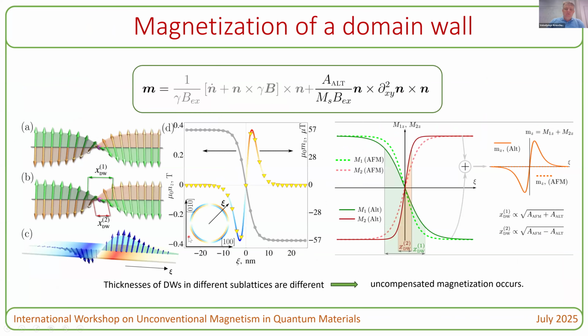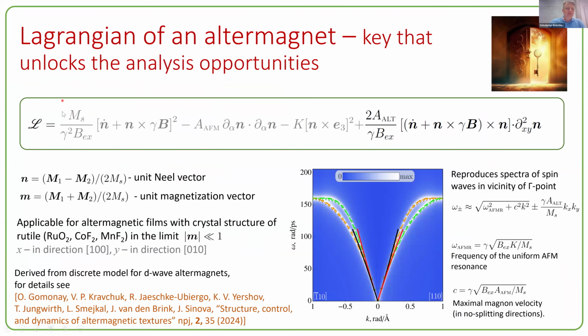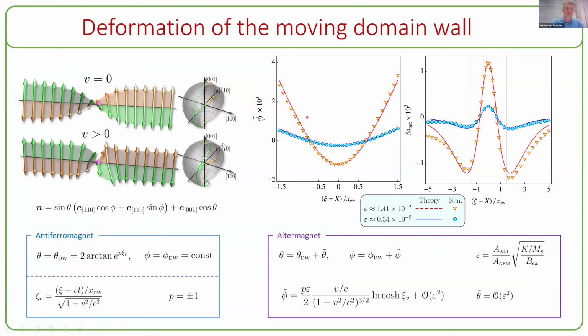But now, when we look at the Lagrangian, we see that this gray part is Lorentz invariant. However, the presence of this new altermagnetic term breaks the Lorentz invariance, and of course, we should expect some deformation of this solution. We take this deformation into account within first-order perturbation theory, considering the altermagnetic term as a perturbation.